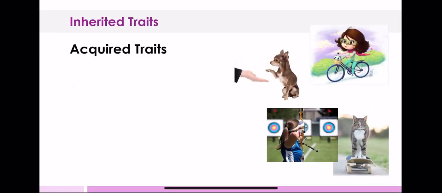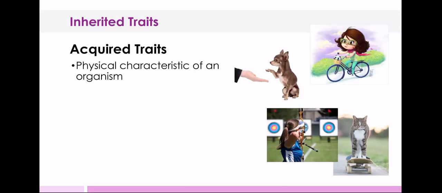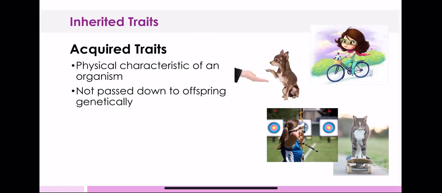All right, switch gears for just a second. We've been talking about inherited traits, but let's take a second and talk about another type of trait, an acquired trait. An acquired trait is different from inherited traits. An acquired trait is a physical characteristic of an organism. They are not passed down to the offspring genetically, meaning they're not passed through the genes.